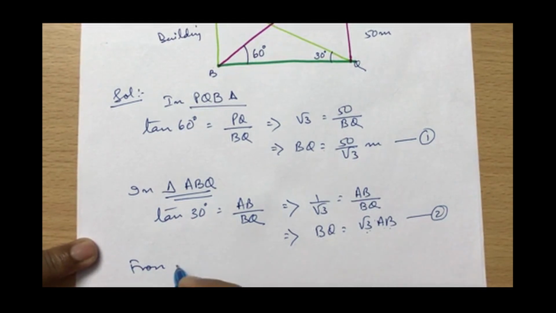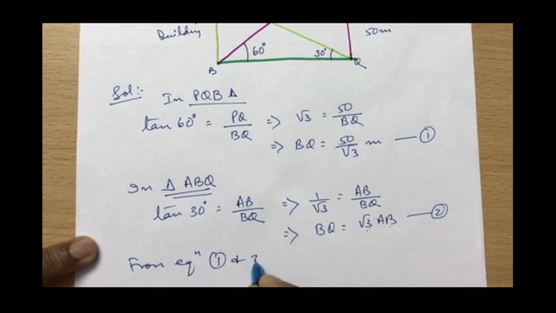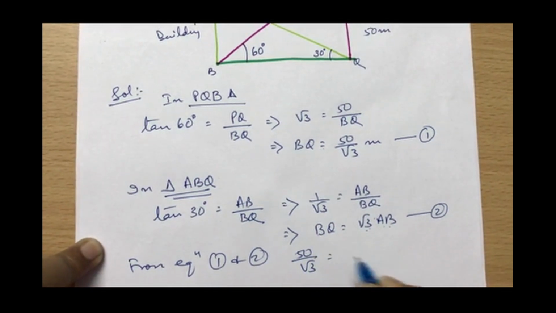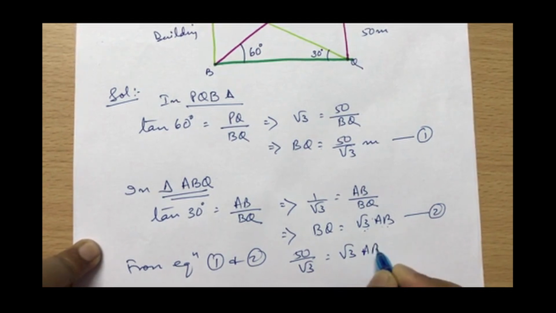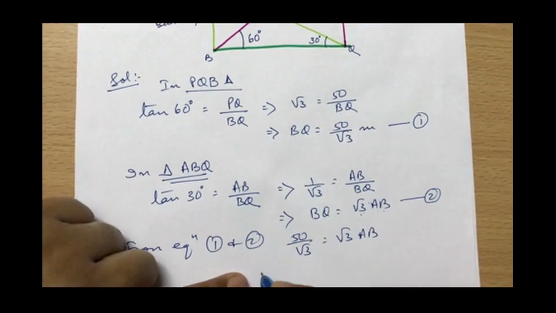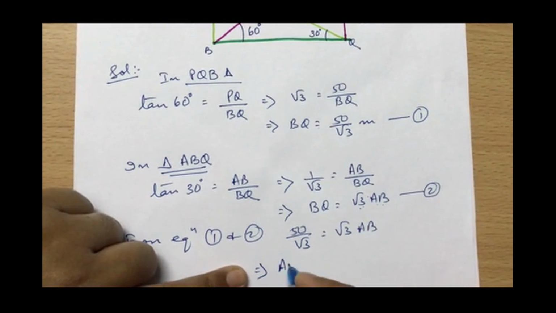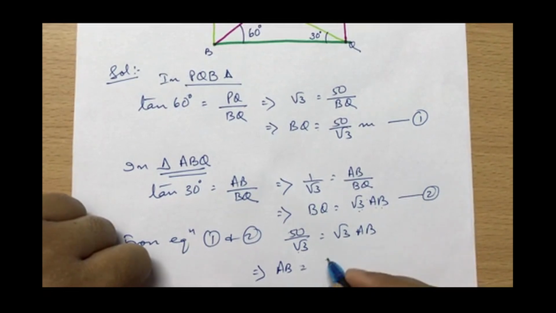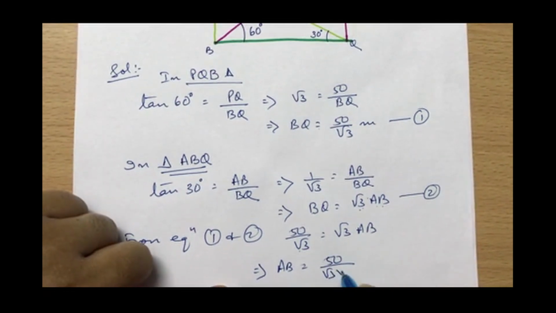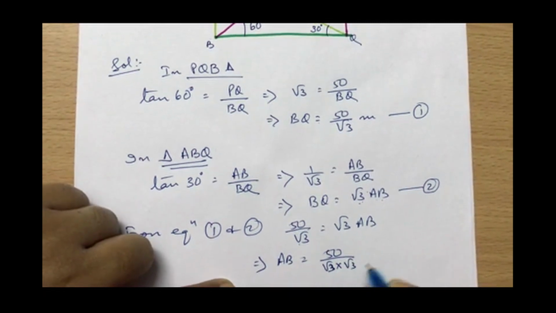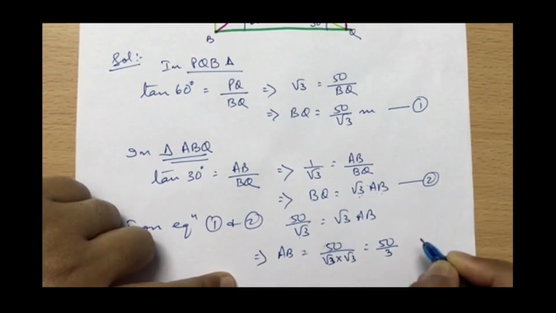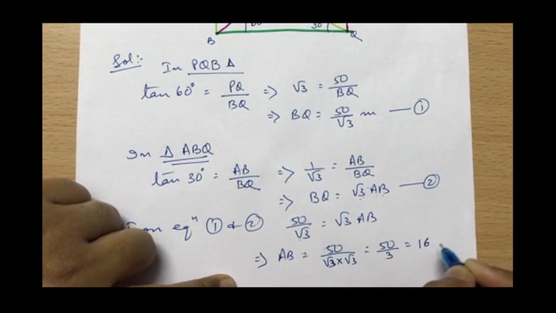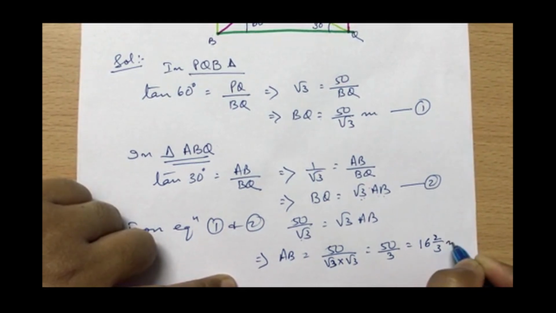From equation 1 and 2, I can say that 50 by root 3 is equal to root 3 AB. It implies that AB is equal to, root 3 will come here, so 50 by root 3 into root 3, that is 50 by 3, which will be equal to 16 2 by 3 meters.